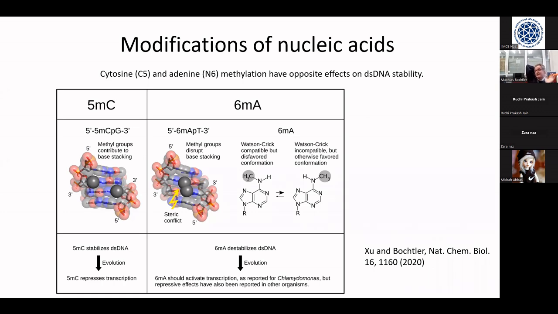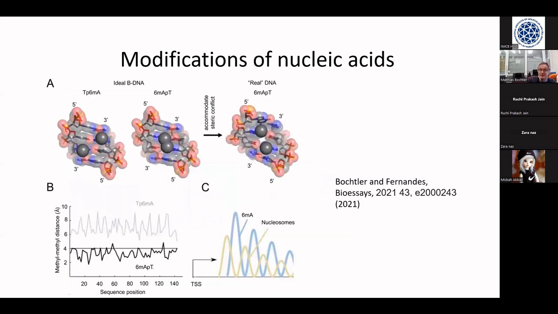They are done with antibodies, and at the abundances of 6MA in higher eukaryotes, this would have to be the best antibody that the world has ever seen. So it's just not believable. Basically, 6MA is a destabilizing modification biophysically, and therefore, in organisms that use 6MA epigenomically, it's an activating mark. 6MA, for reasons that I don't have time to go into much, is a moderate problem for replication. So higher eukaryotes see it as a form of DNA damage and avoid it.